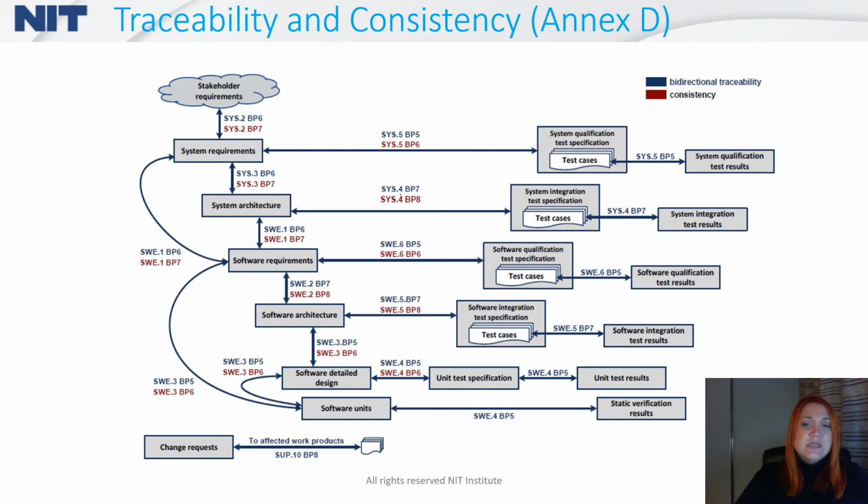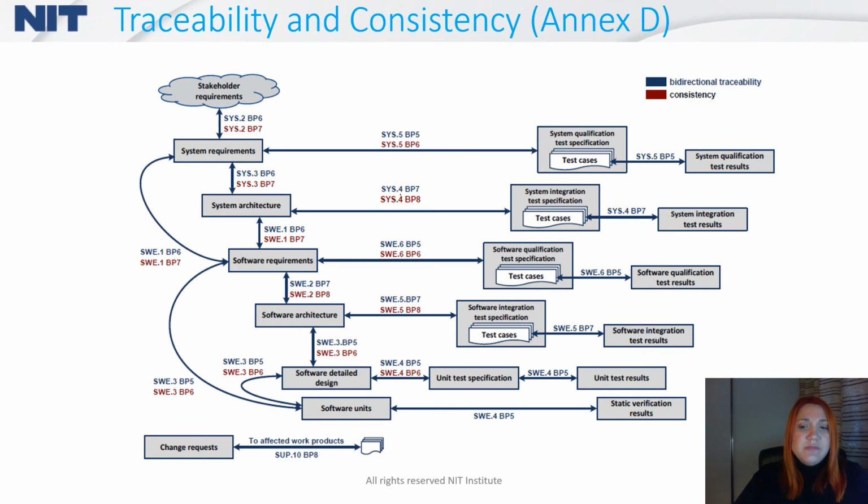Traceability and consistency are addressed by two separate base practices in the Automotive SPICE 3.1 process assessment model. Traceability refers to the existence of references or links between work products, thereby further supporting coverage, impact analysis, requirements implementation, status tracking, and similar. Consistency, on the other hand, addresses content and semantics.